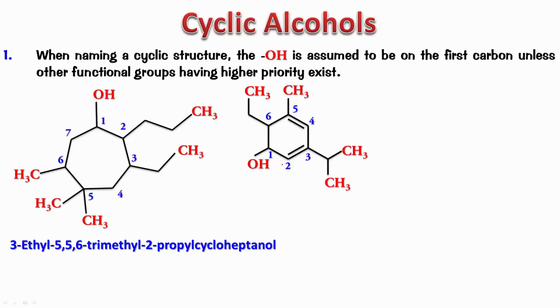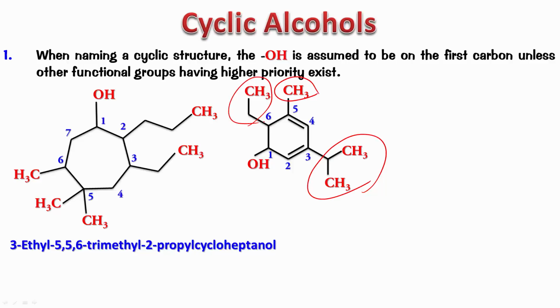So the parent is going to be cyclohexa-2,4-dienol. That is the parent, and then you have all the prefixes before that. So we have an isopropyl, methyl, ethyl.